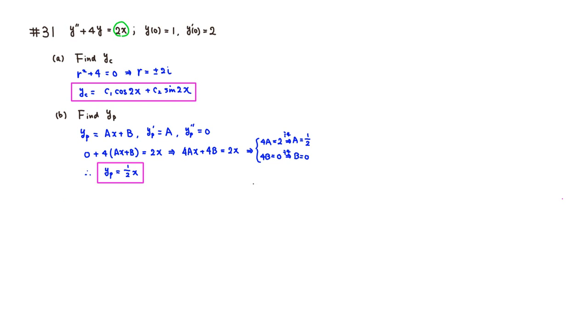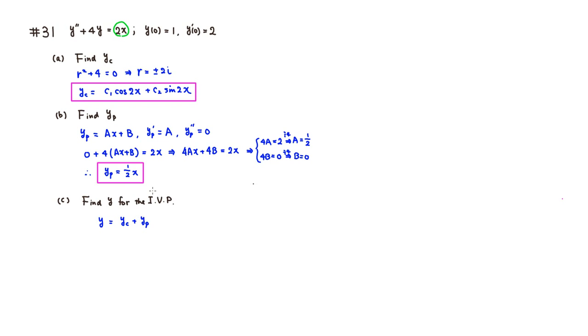Basically, we want to find the solution y for the initial value problem. So let's do that. Any solution can be written this way. y is equal to the sum of the complementary solution and the particular solution.